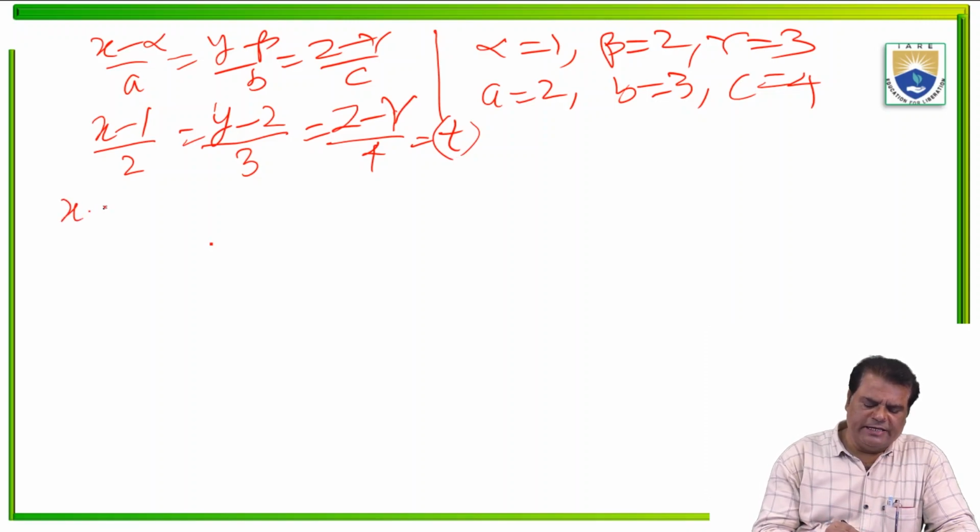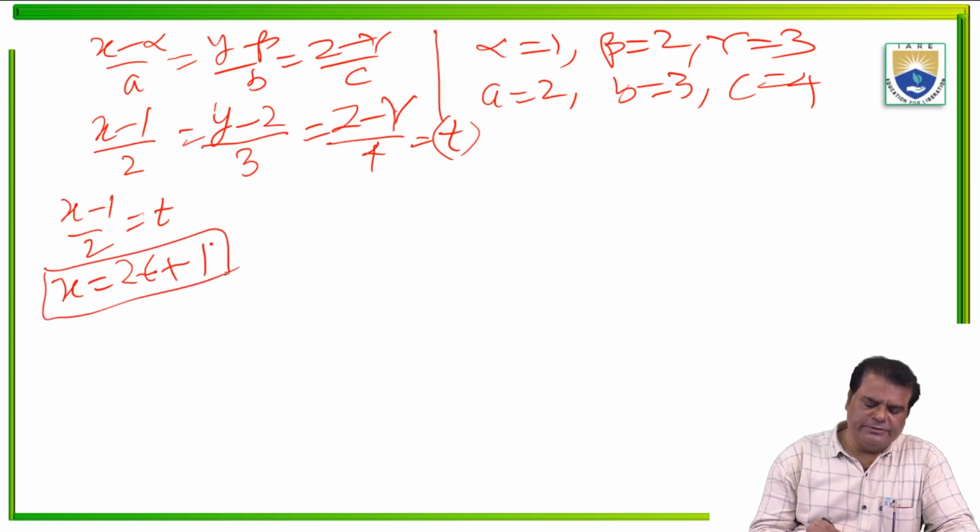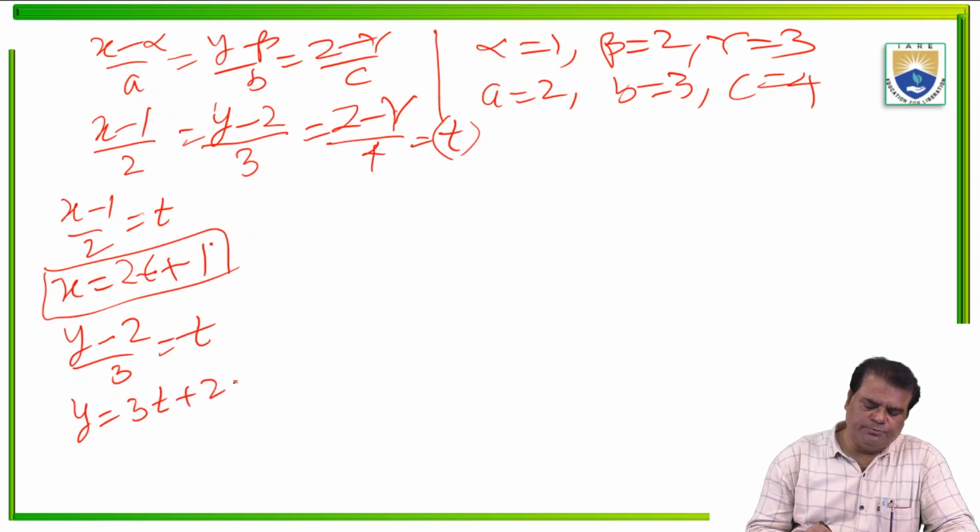So now (x minus 1) upon 2 equals t, so x equals 2t plus 1. Next, (y minus 2) upon 3 is also equal to t, so y equals 3t plus 2.